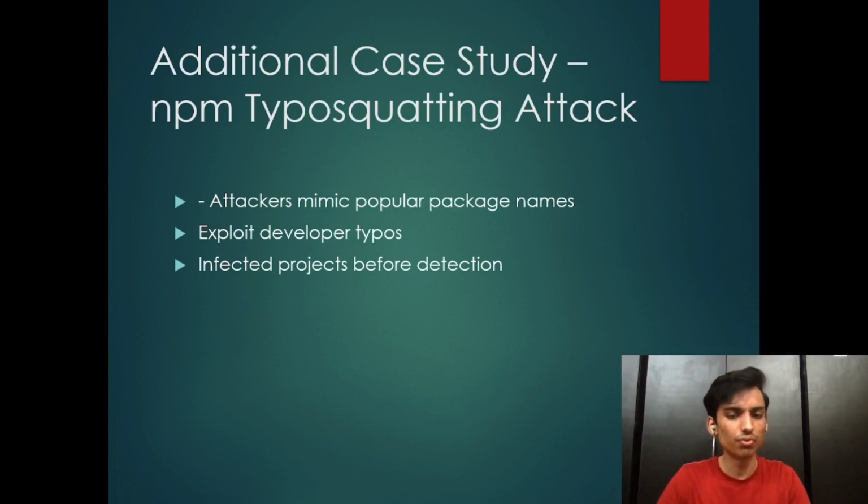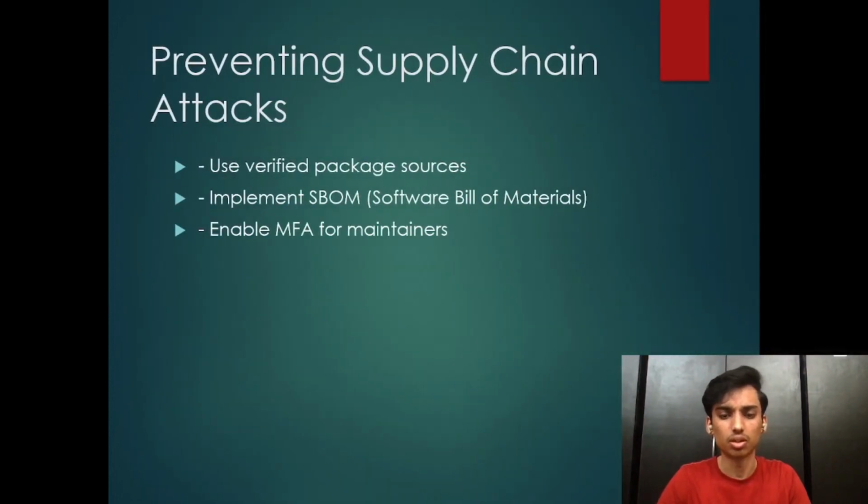So moving further, how do we prevent supply chain attacks? Here are some key defense strategies. Use verified package sources. Stick to official repositories and double check dependencies before installing them. Secondly, implement an SBOM, Software Bill of Materials.